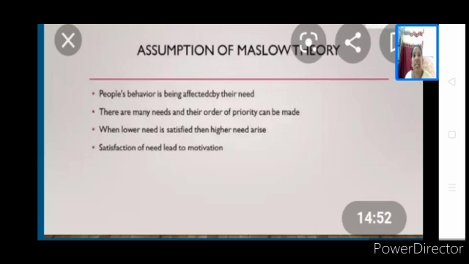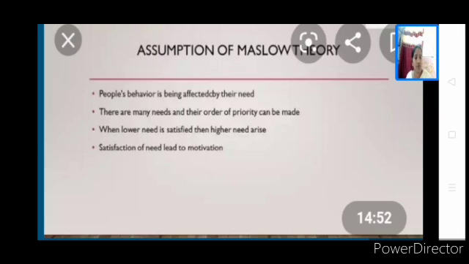Next, there are many needs and their order of priority can be made. As we have seen, employees might have different types of needs, but a hierarchy of needs has to be created, that is, priority of needs. For example, I too have many types of needs, but I have to create priorities. What should be the basic need which I should satisfy at the initial stage?